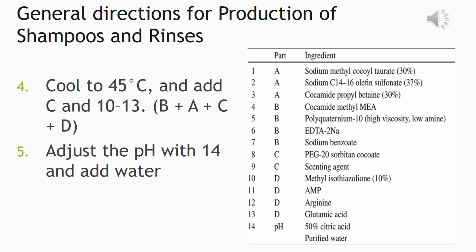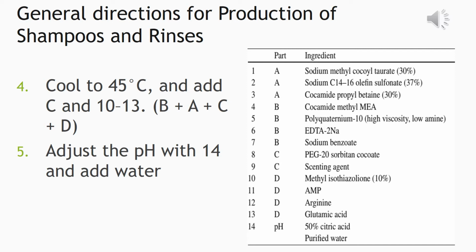Step number 4 is to cool all this to 45 degrees centigrade and add C and 10 to 13. We shall be adding 10 to 13, like D. What are these? Methyl isothiazolinone, AMP, arginine, and glutamic acid.